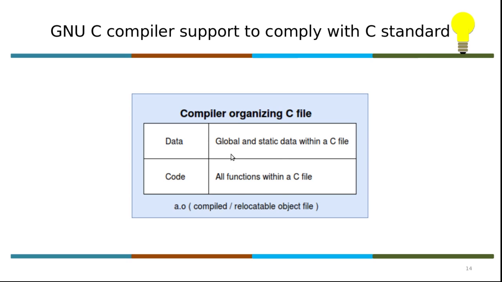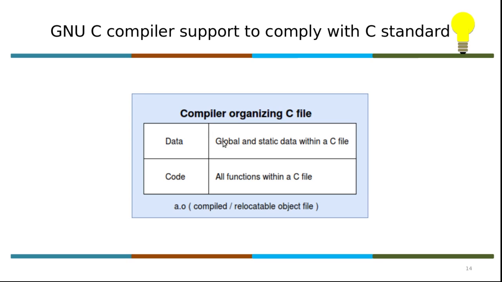So since all the global and static data is there within a C file, the linker, when it has to generate an executable object file by combining all the data sections of the compiled object files, has to distinguish between global and static.